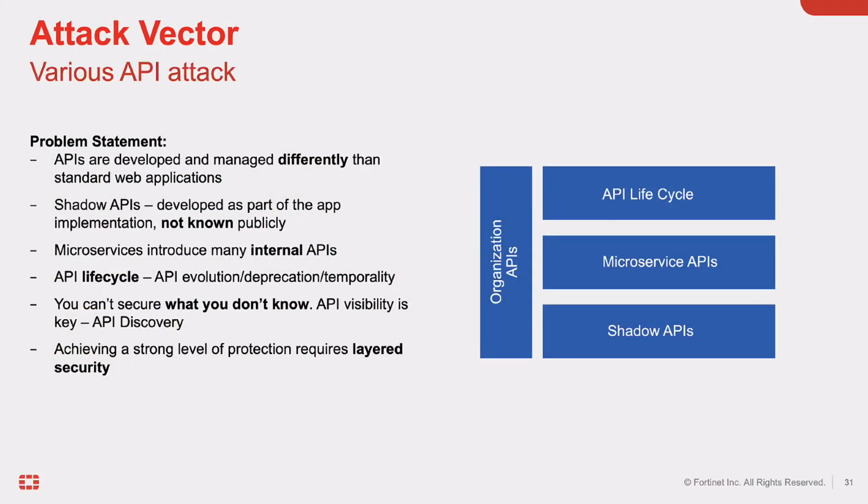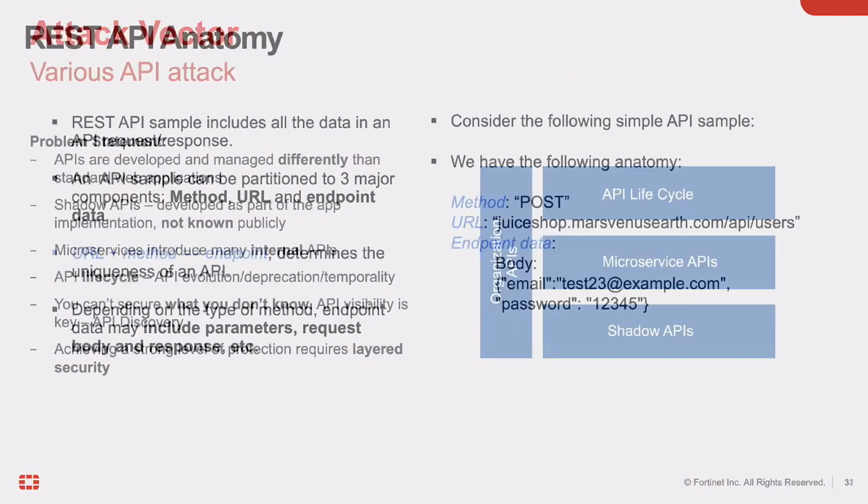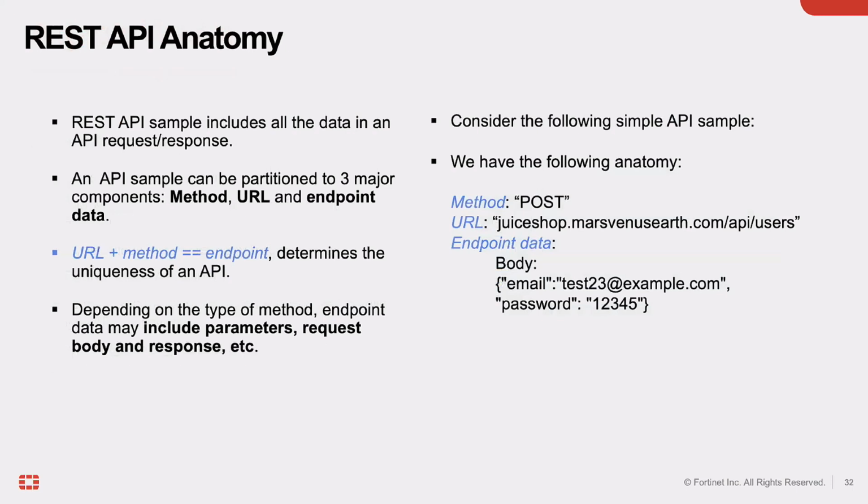So we can learn about these APIs. Before we talk about the FortiWeb API discovery feature, which is something new and uses machine learning, usually REST APIs include a request and response. Just to go over what a REST API is: we have a method, which is post, get, put, head, and so on. Then we have a URL where the users make API calls.